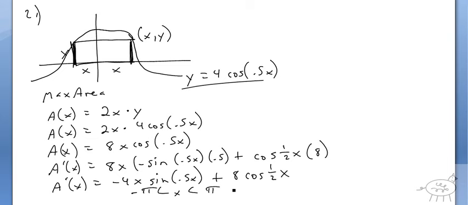Now that's kind of brutal to find roots with. If you actually graph that equation, or the derivative equation, personally what I would do is graph the original equation, this guy right here, 8x cosine, and then use nDeriv.